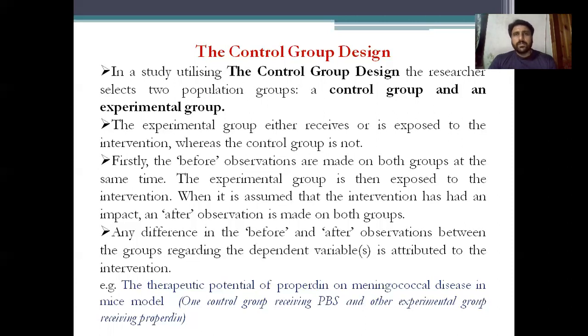Then we collect data, blood samples and other bodily samples, and ascertain whether this intervention, let's say properdin, is resulting in a decreased mortality rate or not, whether it has some beneficial effects on meningococcal disease or not.